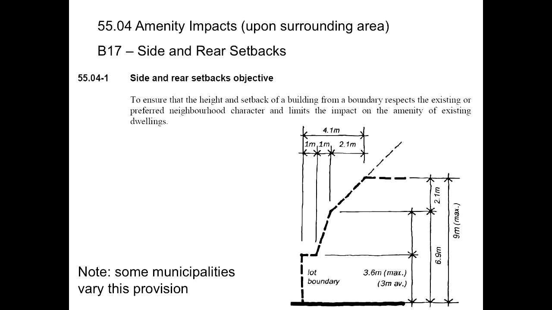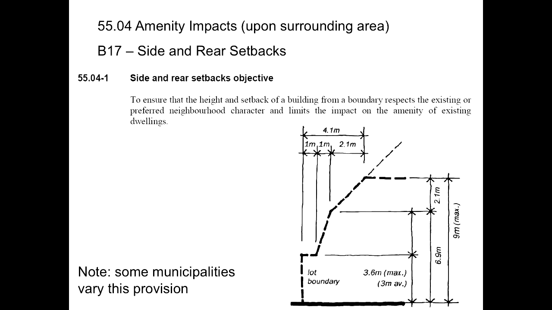Another aspect of design, and in particular of the amenity, is side and rear setbacks. When I talk about setbacks, I'm talking about distance from boundaries, and we had front setbacks, but also there's side setbacks and rear boundary setbacks.